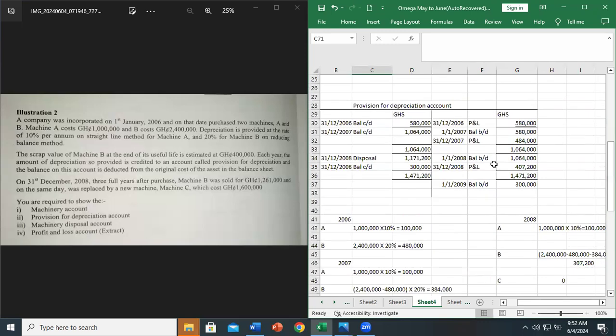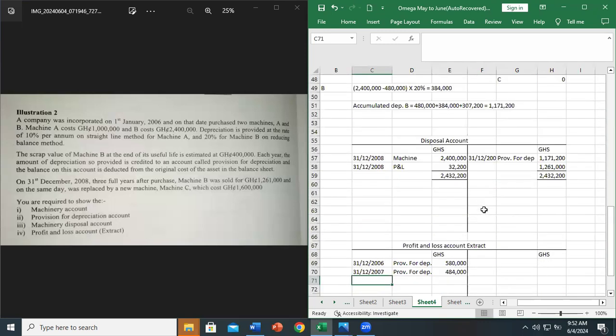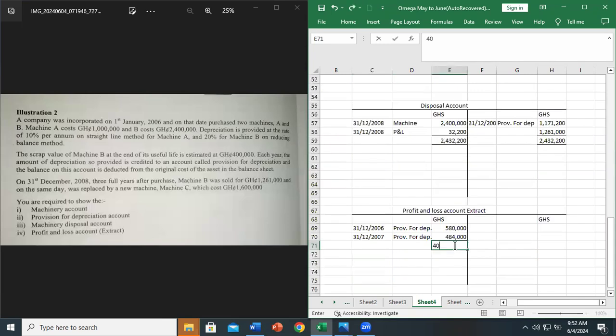Which is 2008, 407,200. 31st December 2008. Provision for depreciation, as simple as that.